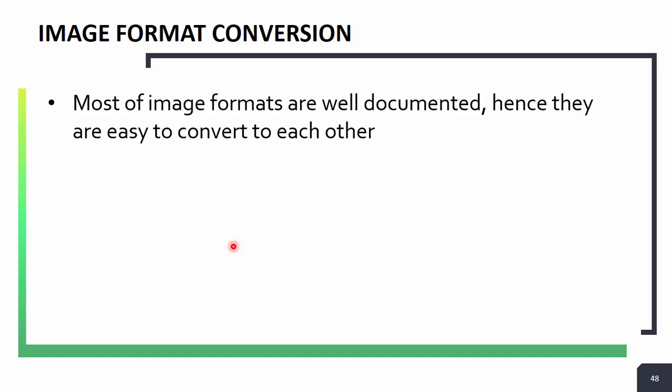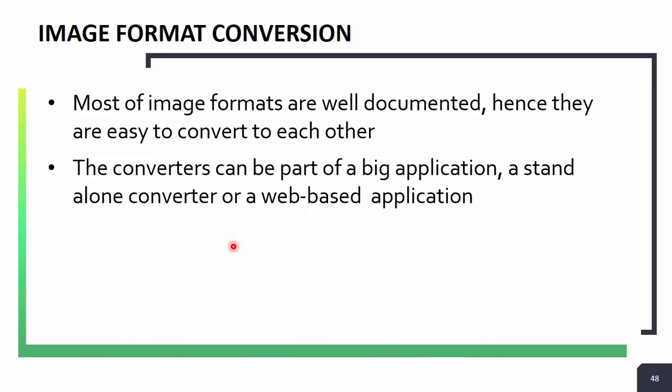Converting images online is quite easy because an image is not as large as a video. So uploading an image for converting online is quite easy and there are so many free web pages that convert image formats nowadays. The converter can be part of a big application.